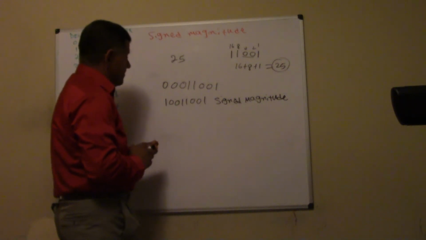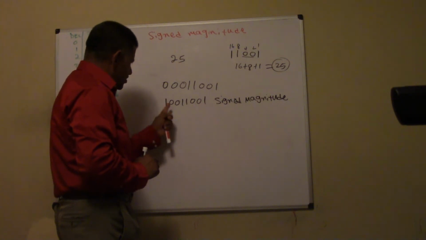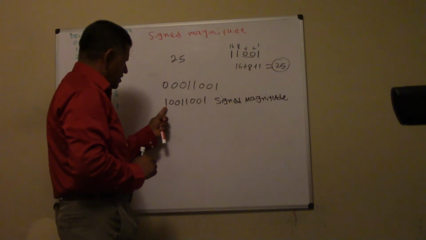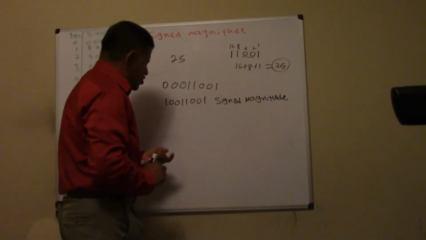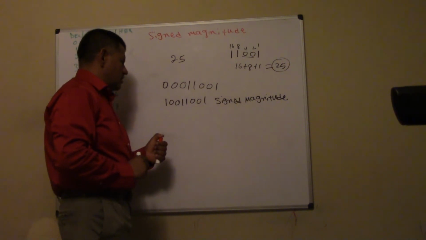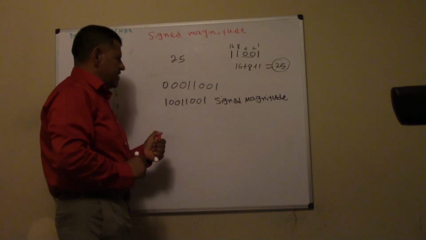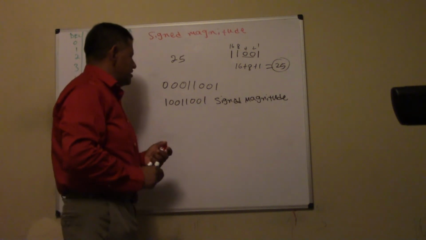Okay, let's do this quick. Now, to turn this number into a different approach, which is called one's complement, it still doesn't give me the right answer. It still doesn't give me the 25.